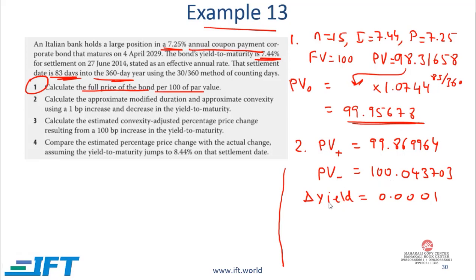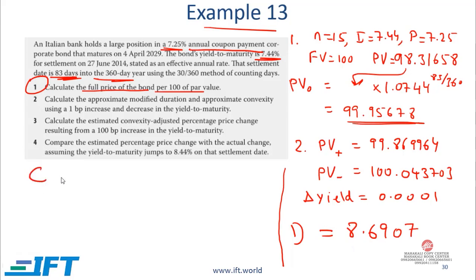The change in yield is 1 basis point, which corresponds to this number in decimal. With these four variables, you can plug into the duration formula, which is PV minus minus PV plus divided by 2 into yield into PV naught, and you should get a duration number of 8.6907.